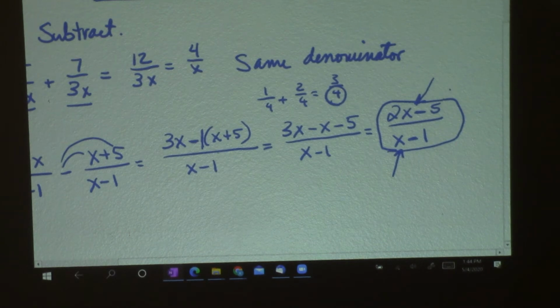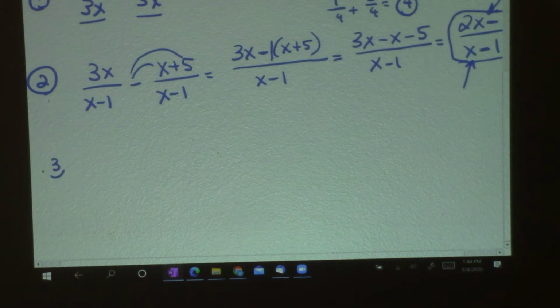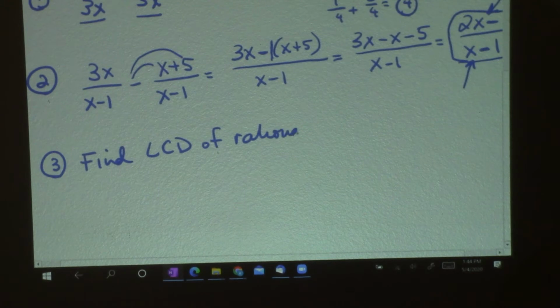All right, let's do the next one. Now, we're preparing for doing fractions that have different denominators, but we're going to do that tomorrow. So the first thing we're going to do is find the least common denominator of rational expressions, LCD.